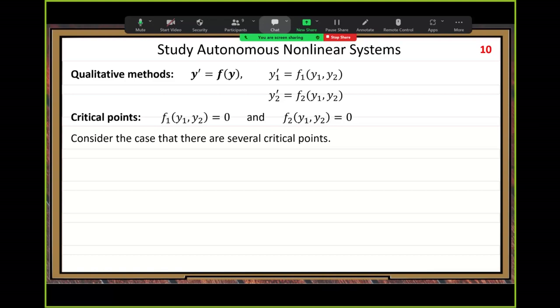Consider the case that there are several critical points. There is a special way we study them, because we can have multiple critical points. You can have at most one critical point at the origin; all the other critical points cannot be at the origin.